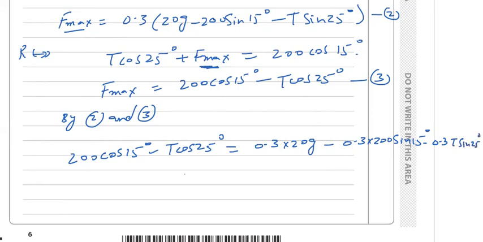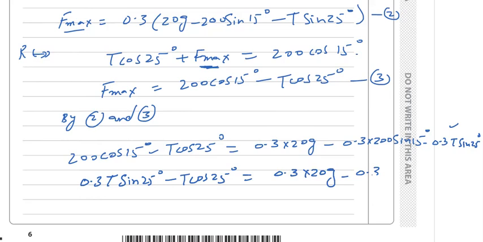So from here, T terms I will separate in one direction and without T on the other side. So shift this one to this side and that one to the other side. So it will become 0.3 T sine of 25 degree minus T cos 25 degree will be equal to 0.3 into 20G minus 0.3 into 200 sine of 15. Take common T from them.